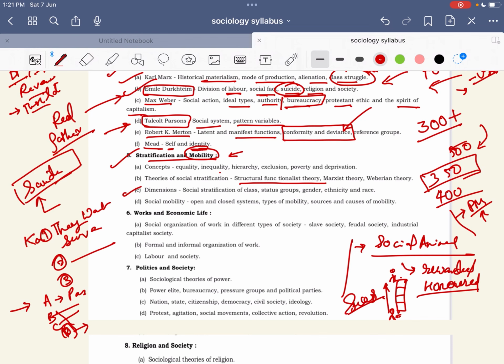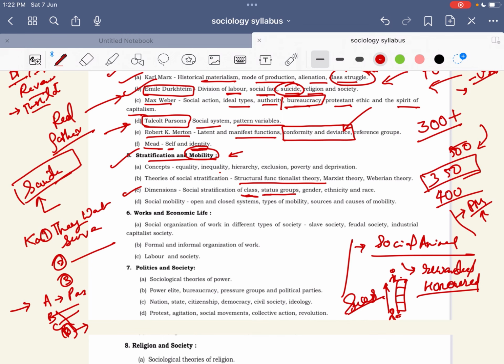And then there are dimensions, social stratification of class. You know, in the western society there is class, rich class, poor class. In the Indian society we have caste, you understand. So what they have said, social stratification of class. And then there is the status group. And what is a status group?